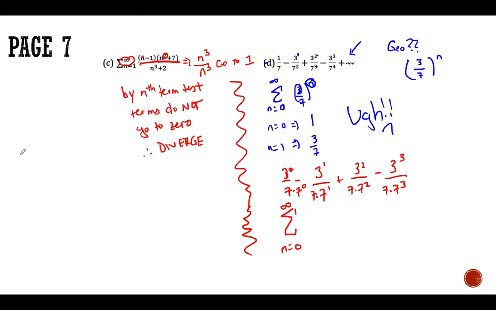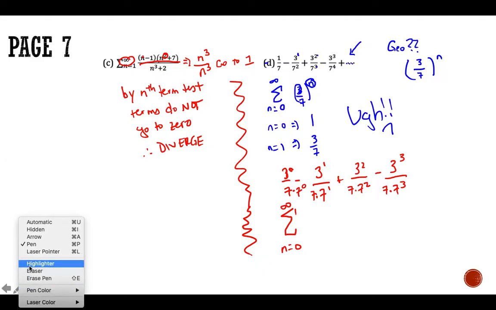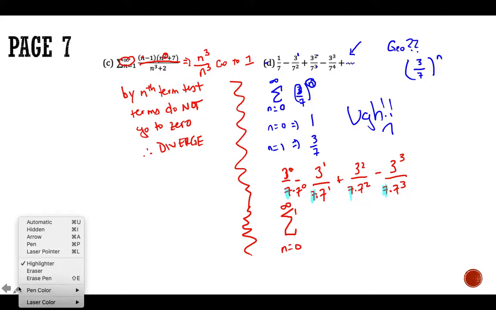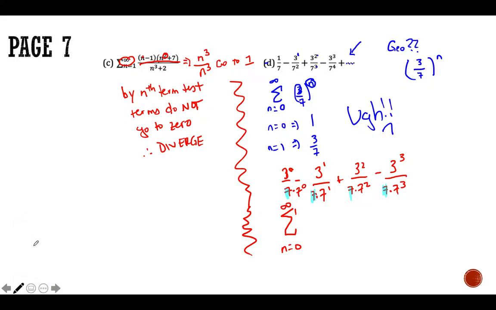Every time I've got an extra what? Every time my fraction is messed up by this division by 7 or multiplying by 1/7. So how about I just say 1/7 times my 3/7 to the n.